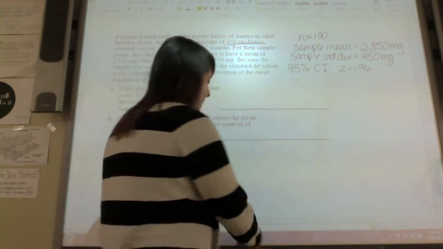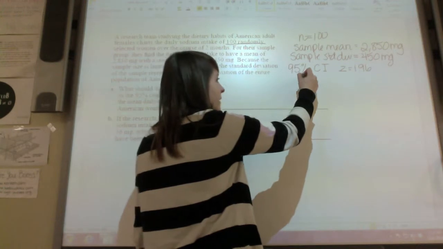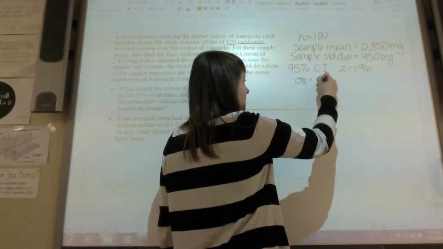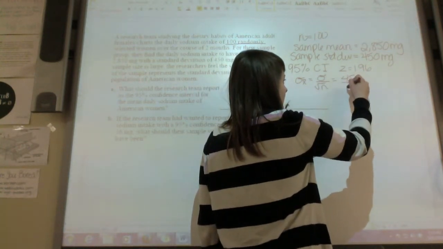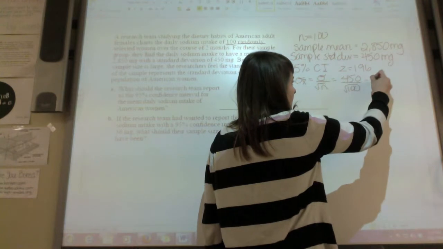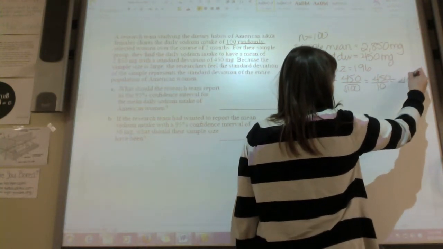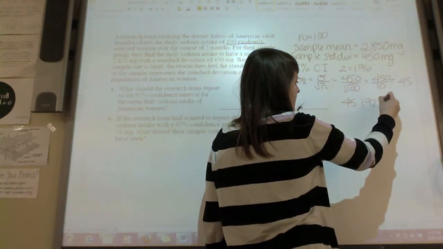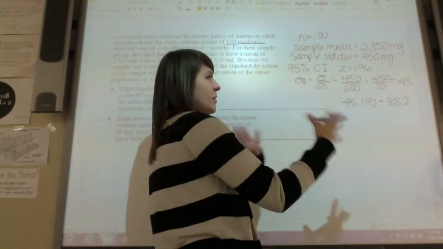Alright, so knowing that my sample standard deviation is 450, in order to find my sigma x bar, I just need to take sigma divided by the square root of n. So that's 450 divided by the square root of 100, which is 450 divided by 10. So that gives me 45. So then I can take 45 times 1.96, which gives me 88.2, and that tells me my margin of error.